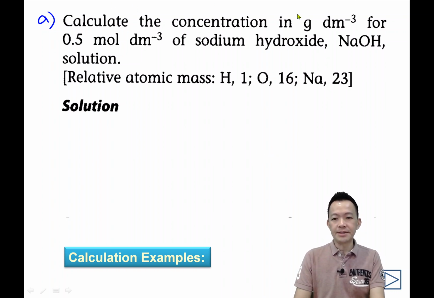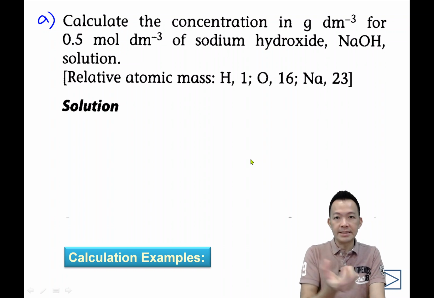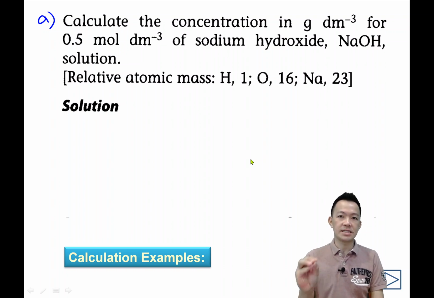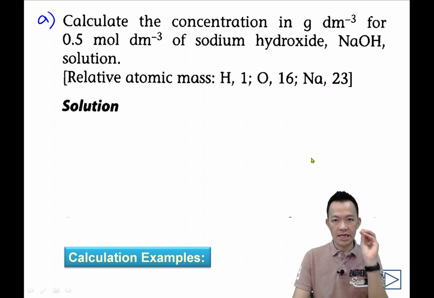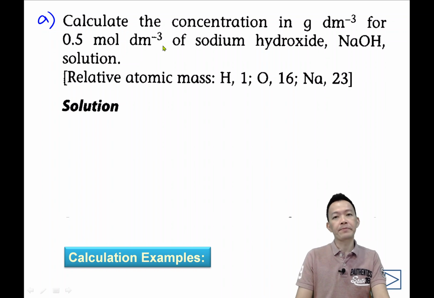So calculate the concentration in gram per cubic dm for 0.5 mole per cubic dm of sodium hydroxide. I try to make all the questions become real examples in our life. 就好像日常生活我们会面对的 example. So one day your teacher says, help me to prepare sodium hydroxide with the concentration 0.5 mole per cubic dm. 帮我准备 sodium hydroxide，它的浓度要 0.5 mole per cubic dm.